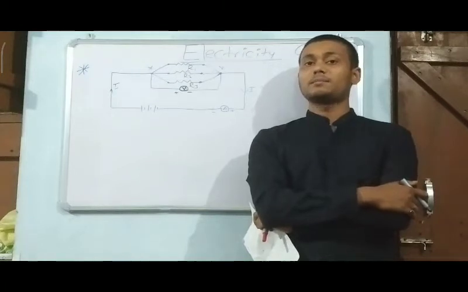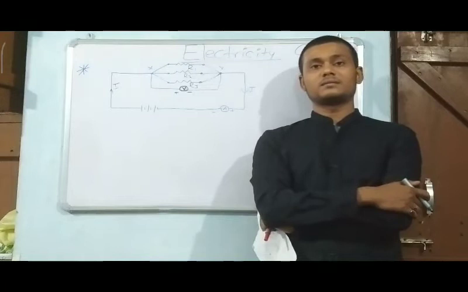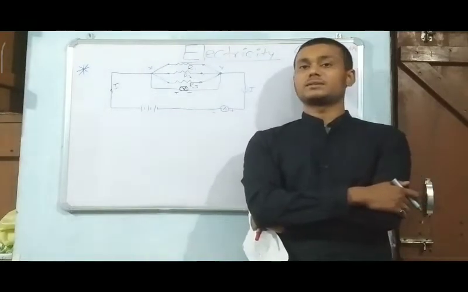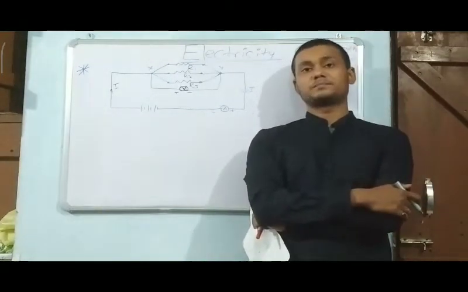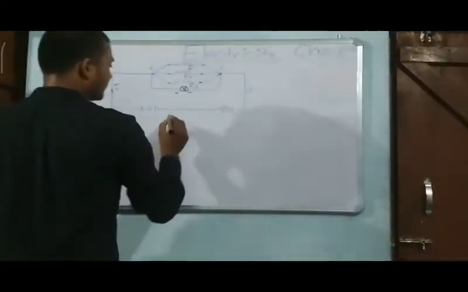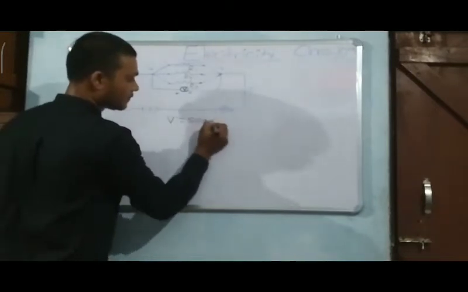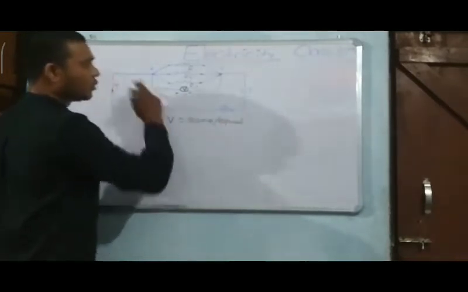It means in parallel combination the current is different and the potential difference is the same throughout the circuit. So the first concept is V is the same throughout the whole circuit.